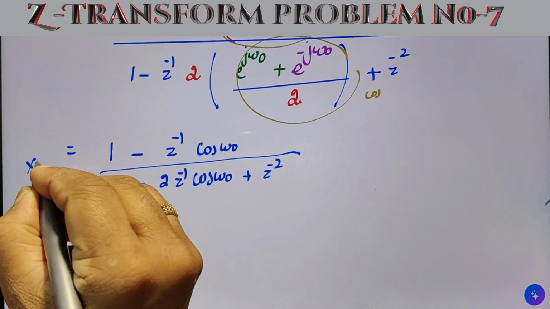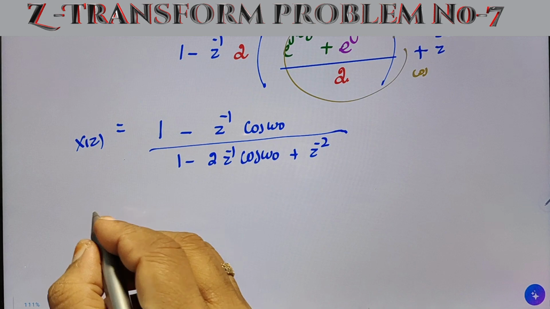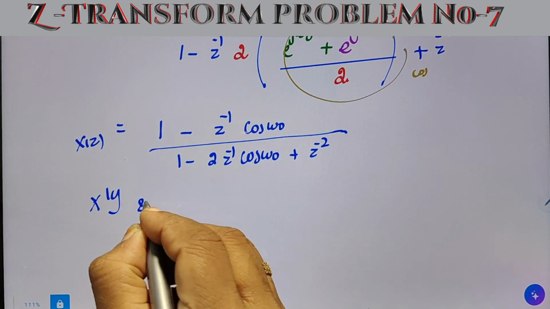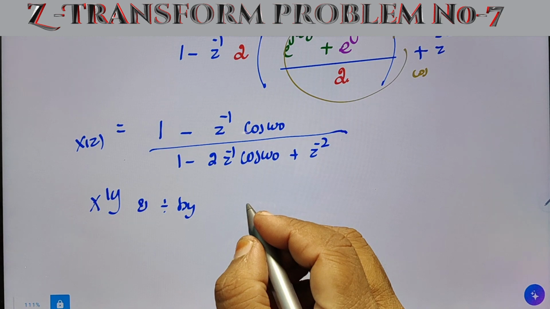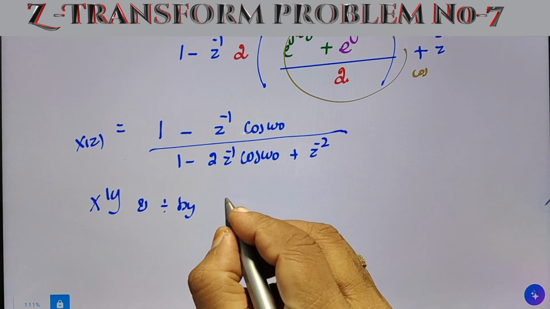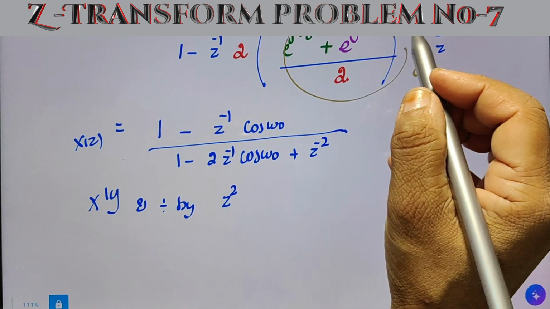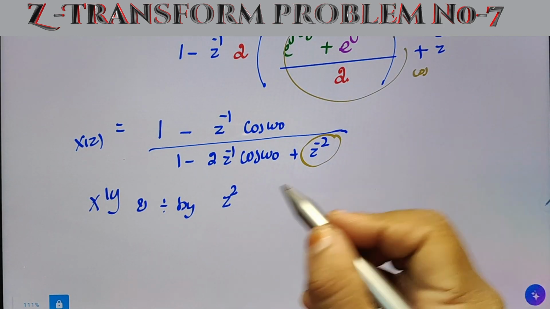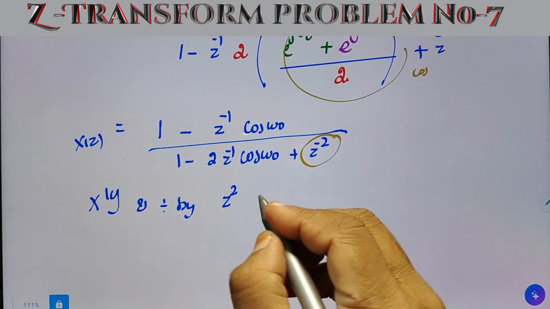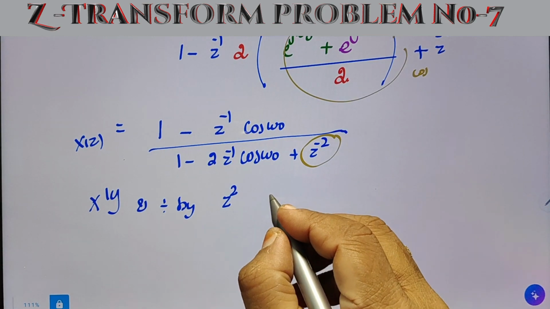Then here multiply X of z, multiply and divide by z power 2, because the highest power is z power minus 2, which has to be converted to positive, that is z square. So z square for the numerator and the denominator.